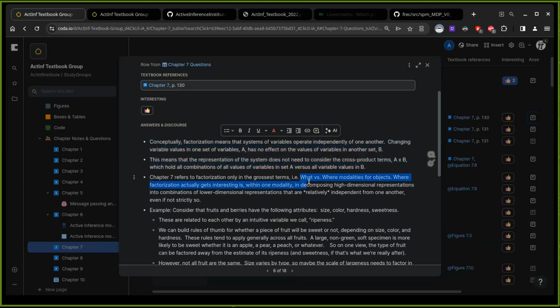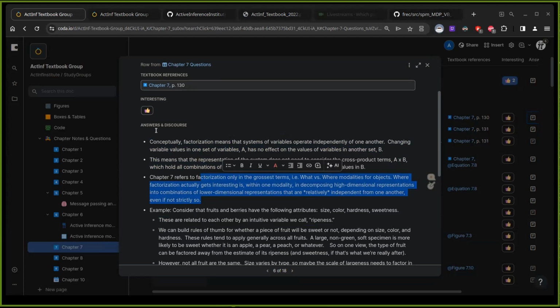Neurologically, one of the most common places where people discuss factorization is with the what and the where stream in the brain. And the idea here is like an object's identity should be factorizable from its, for example, location in the visual field or size visually, because you want to be able to separate out what something is and where it is. And people have identified these two streams of visual information flow that reflect the what and the where.